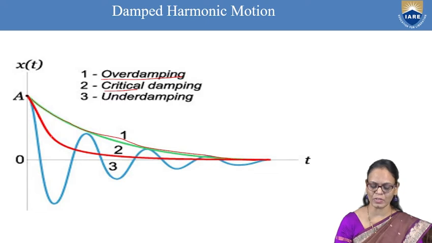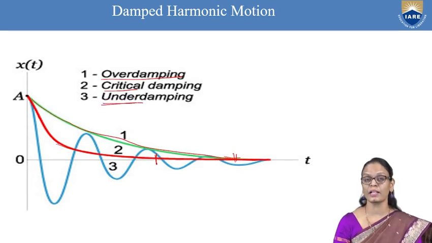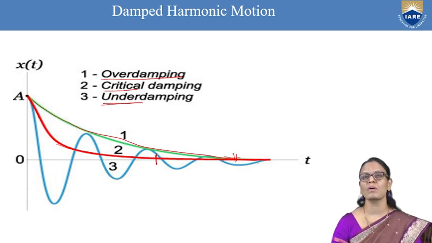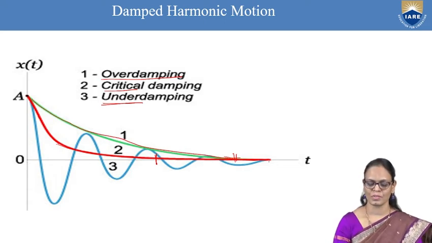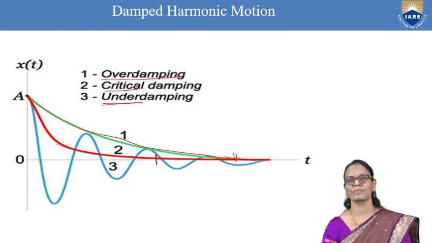Here the red line denotes the critical damping. There are no oscillations, but it comes to rest very quickly, whereas here it is taking time, very slowly. The third one is underdamping. In underdamping, the system keeps on oscillating. So these are the three different cases for damped harmonic motion.